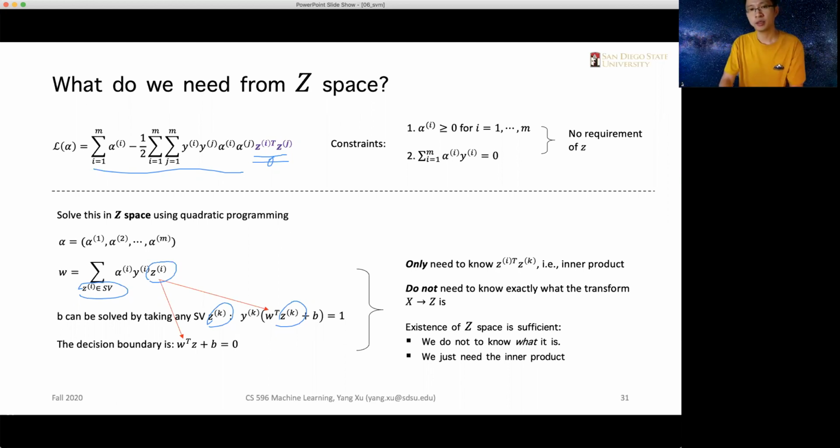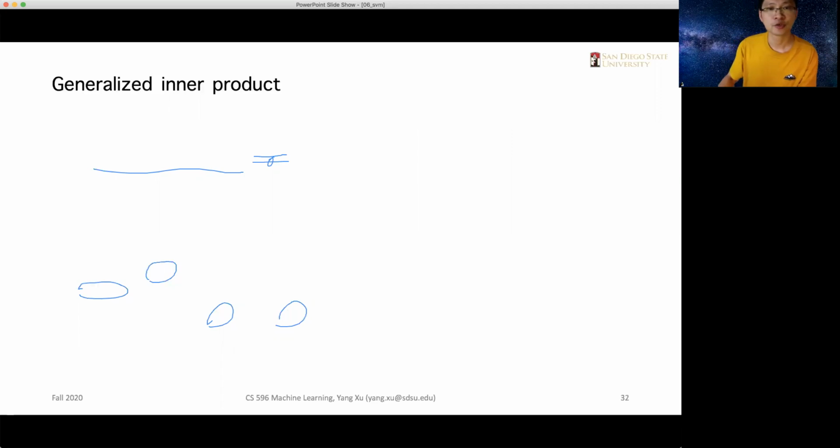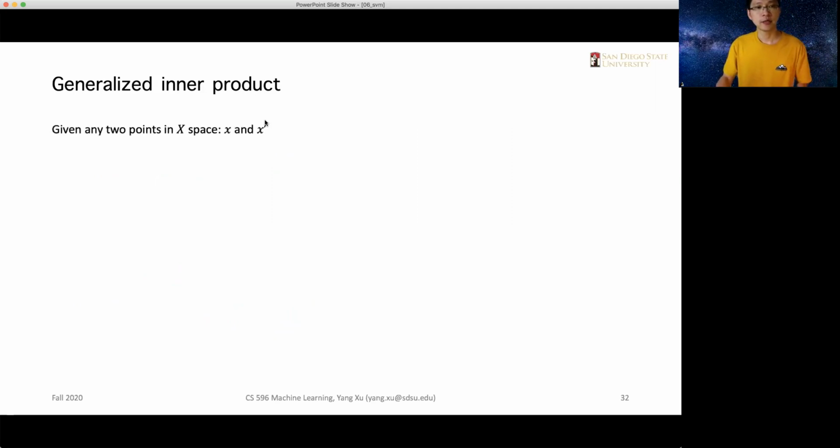Okay, so next we're going to see how much freedom we've got in terms of choosing the Z transform, or in choosing the Z space. So consider 2 data points in X space, X and X prime. Okay, that's 2 data points. And we need some inner product in Z space. That is Z transpose times Z prime.